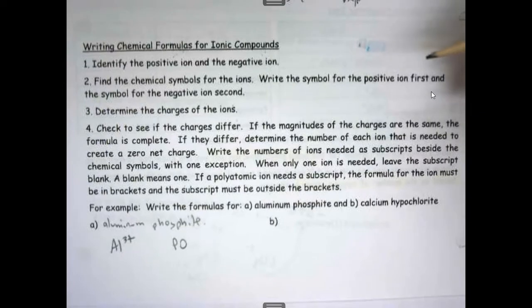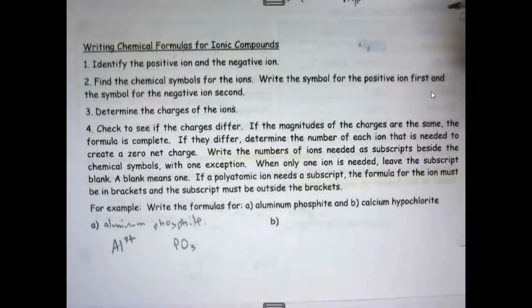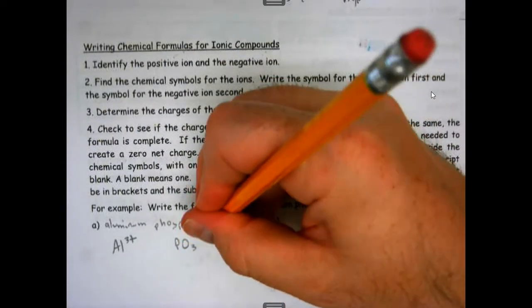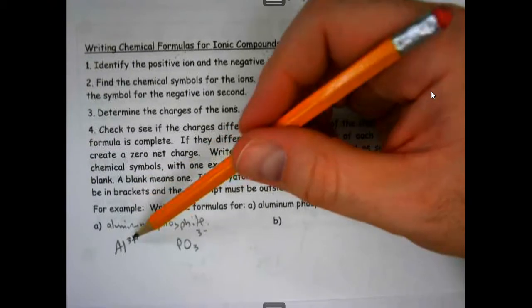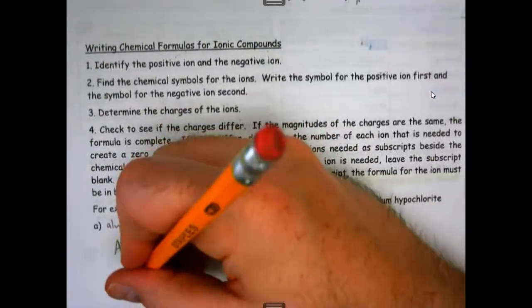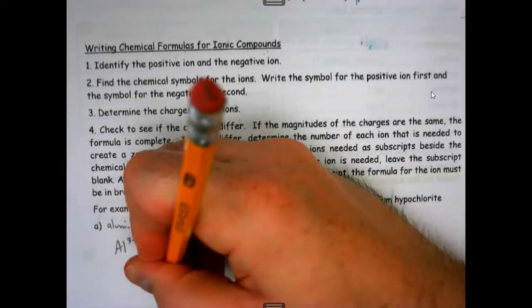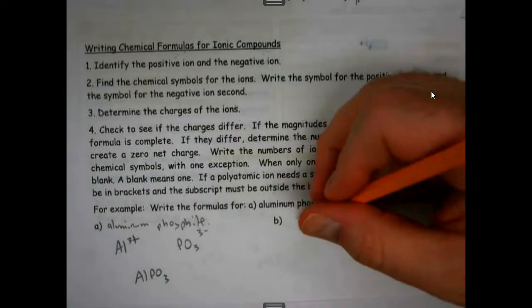Phosphite tells me that it's 1 less than the normal PO4, so it's going to be PO3. And then it still has the same charge of 3 minus. Okay. Now, next thing I want to do for formula is I want to see if these charges are balanced and that they would cancel each other out, and they do. So this would just be AlPO3, and that's it.